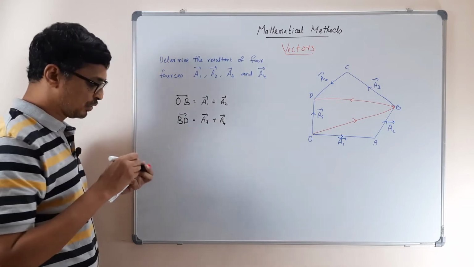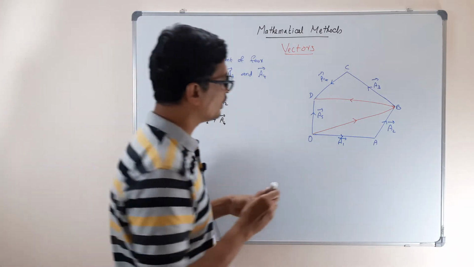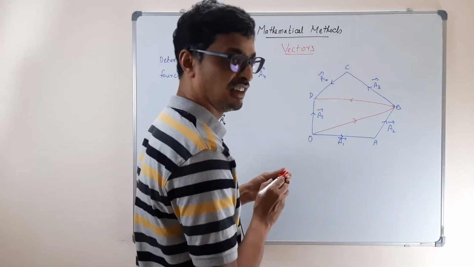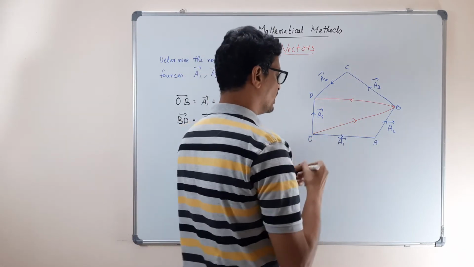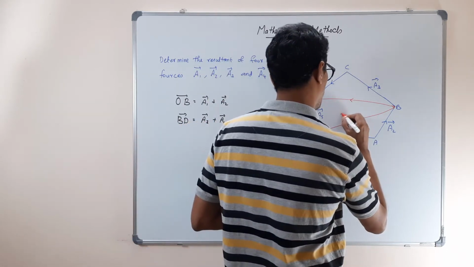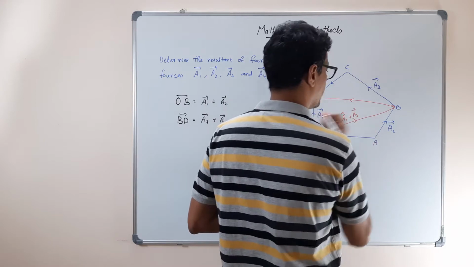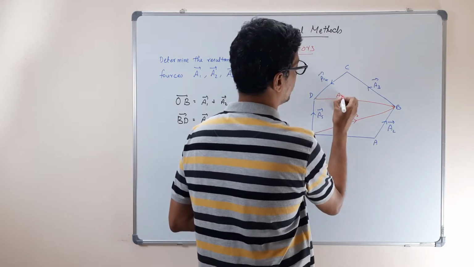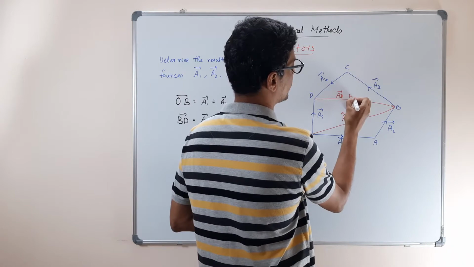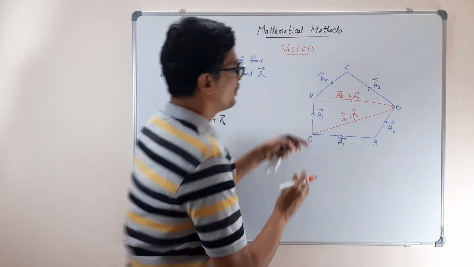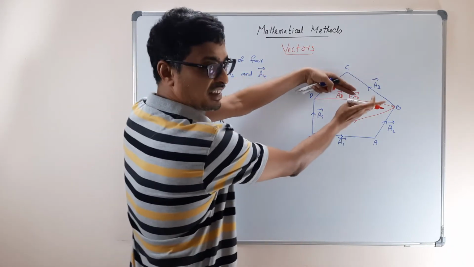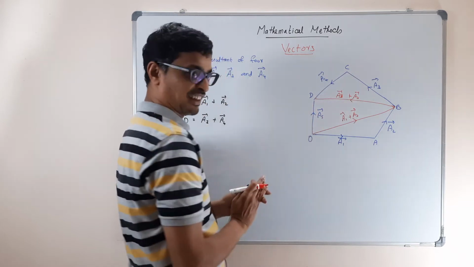Remember, these are the resultants of all the 4 vectors we got. A1 vector plus A2 vector, and this will be A3 vector plus A4 vector. Now we want to find out the resultant of these 2 vectors. That's your A5 vector.